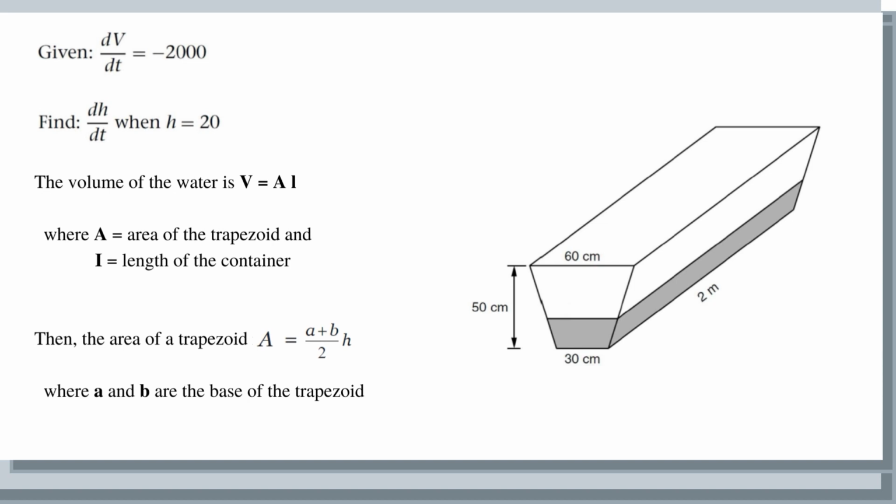Now, to start with our solution, we're going to begin with the general formula for the volume. It can be the formula volume equal to the base cross-sectional area times the height, or the volume formula, which includes the product of the cross-sectional area times the length of the solid.